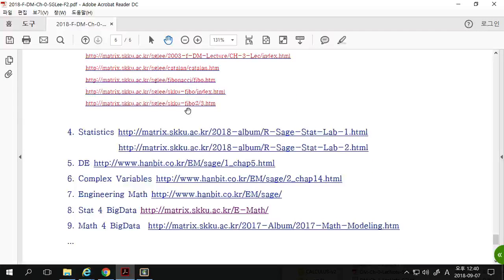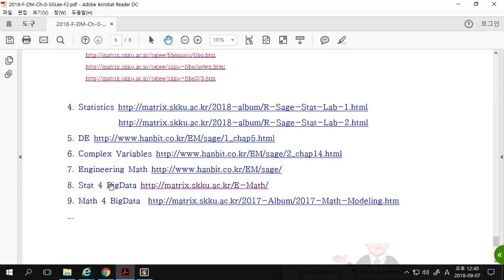Anyway, after this discrete math, you may need some basic knowledge of statistics, differential equations and complex variables, or just engineering math, which covers complex variables, differential equations and linear algebra. This engineering math covers all those in brief.